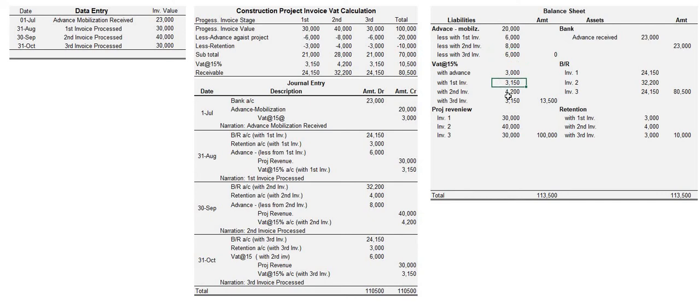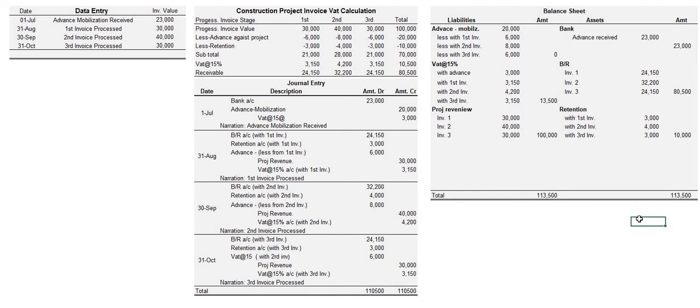Now we have VAT here of 13,500 for total project revenue of 1 lakh, and the invoice receivable here. One important point you need to look at is that our project is for 100,000, and including VAT, how much will it come to?